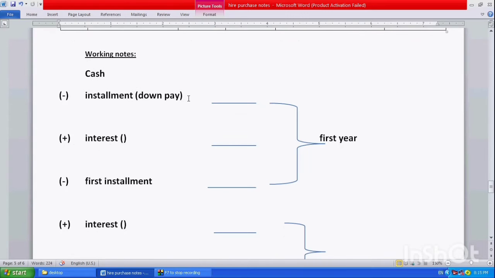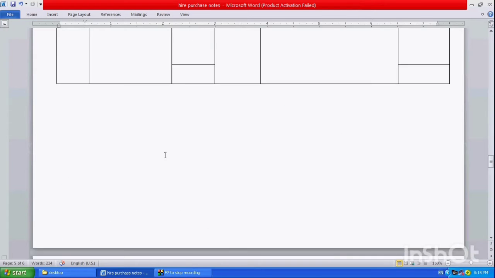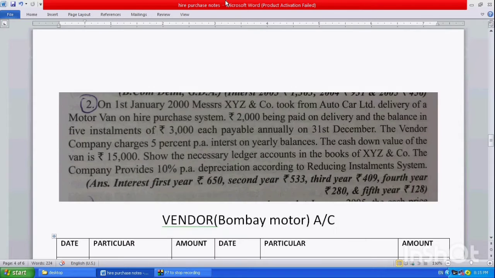So first let's start with working notes. What is the cash price? 15,000 is the cash price. XYZ company pays 3,000 annual installments, with a 2,000 down payment, in 5 installments.